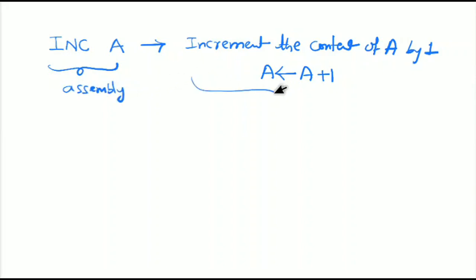and this instruction is our language, and this particular assembly language will be converted to zeros and ones, that is machine understandable language.